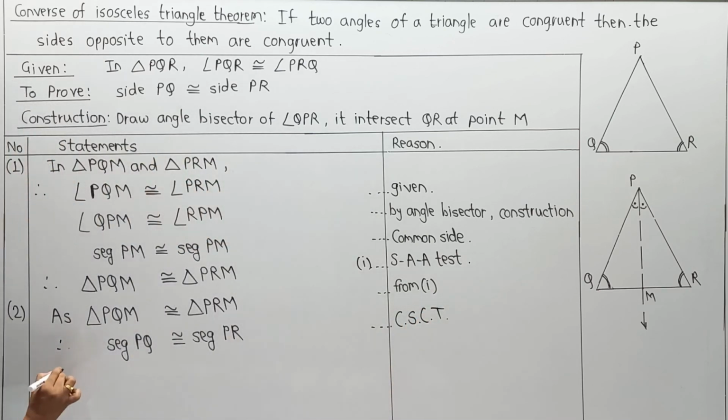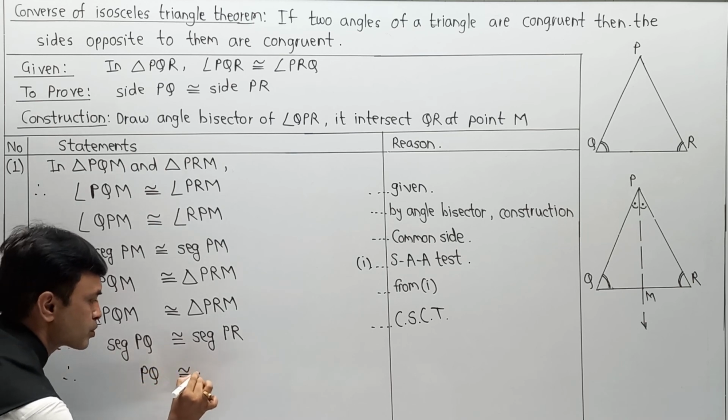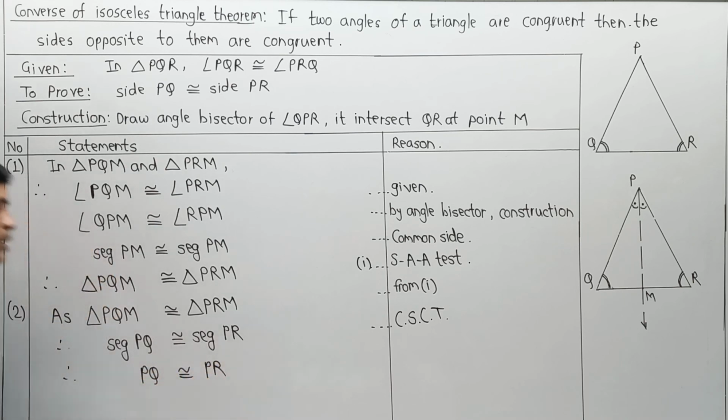So PQ is congruent to PR, and in this way we can complete the systematic part of the proof. Remember, again group 1, group 2, you must be able to make it properly so that your writing will be very ideal, and in that case you can complete such a numerical or theorem or proof.